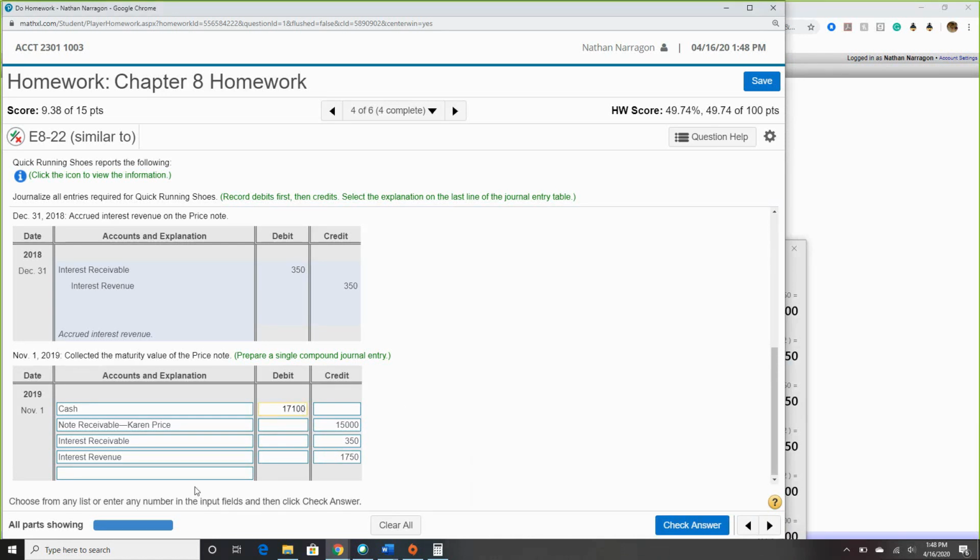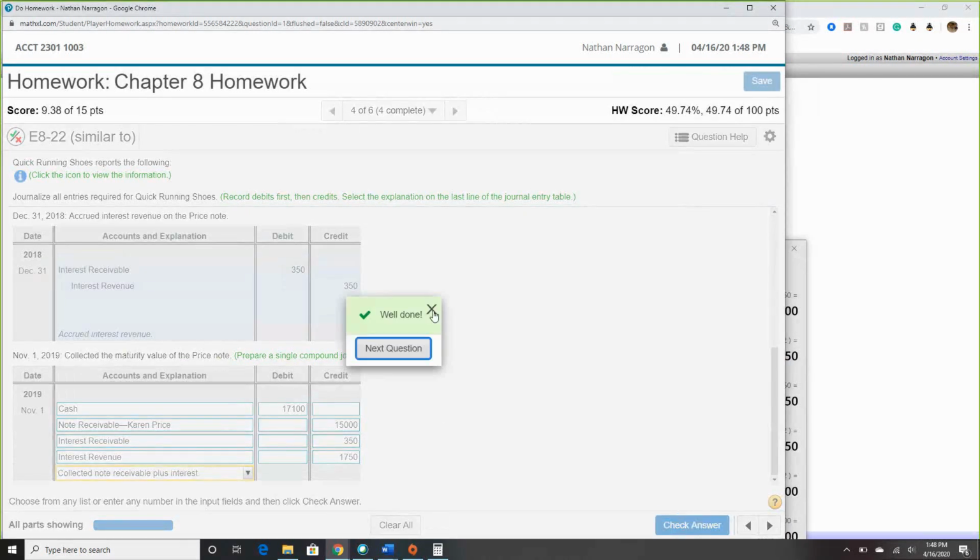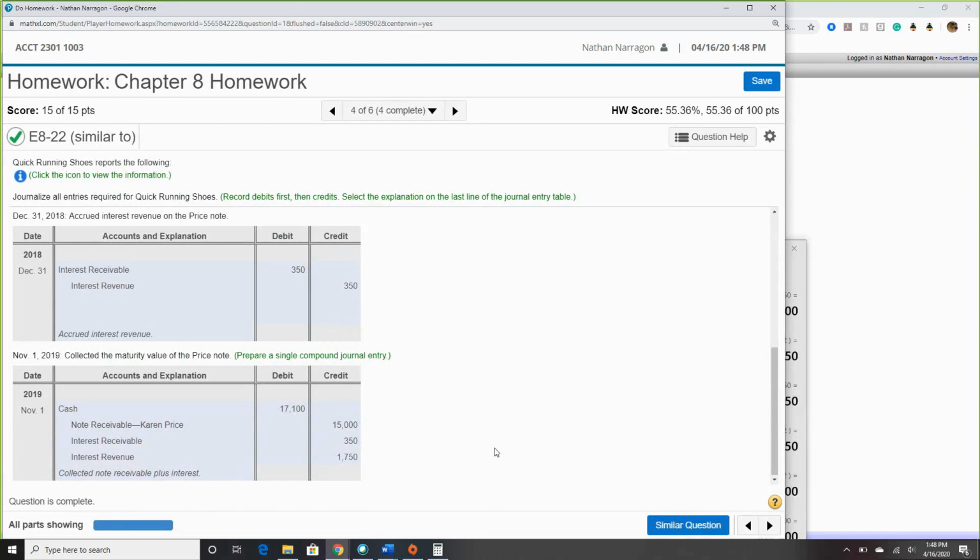Okay. And then basically an explanation is collect note receivable plus interest. Check. Okay. Any questions regarding question number 4?